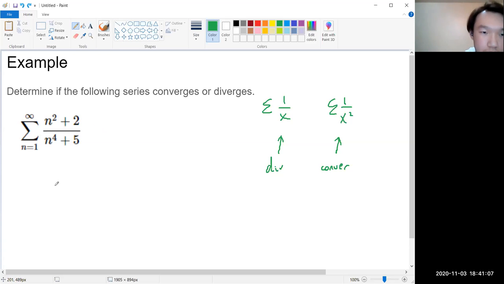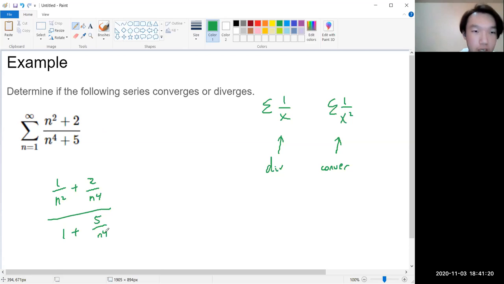This would be 1 over n squared plus 2 over n to the 4th, over 1 plus 5 over n to the 4th. And as n goes to infinity, this would just be 0. So this is a good argument as to why it converges. Very good.